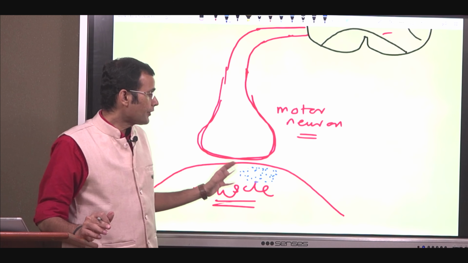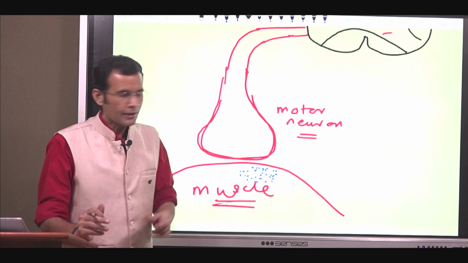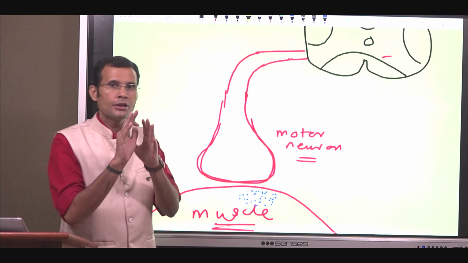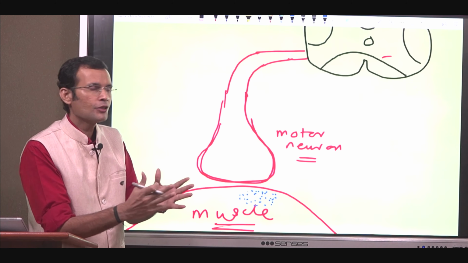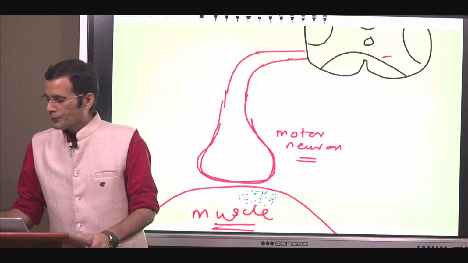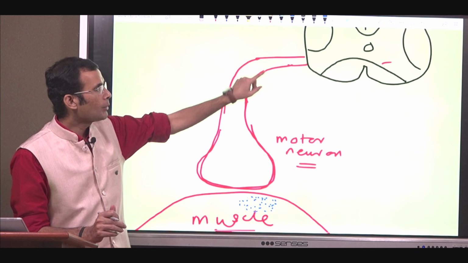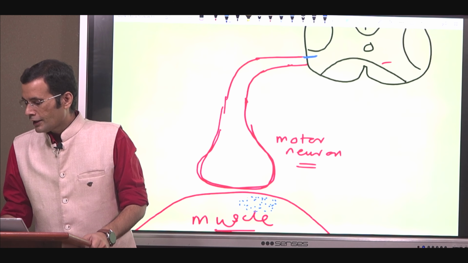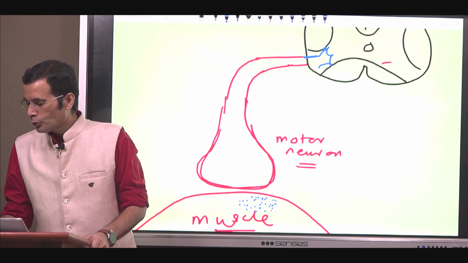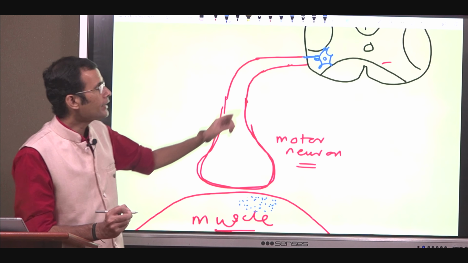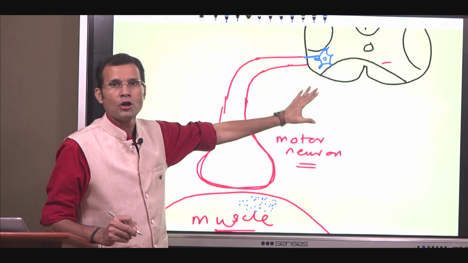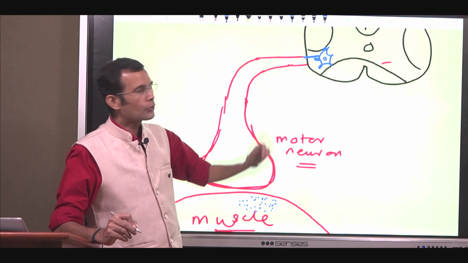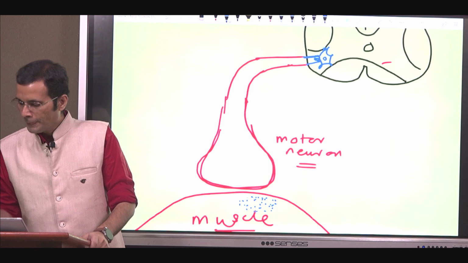It has gained entry into the muscle. Next thing, now look at the transport and the direction of the transport. See, this is a motor neuron coming from the spinal cord, and the nerve cell body, let's say located here, the anterior horn of the spinal cord, anterior motor neuron as we refer to this.